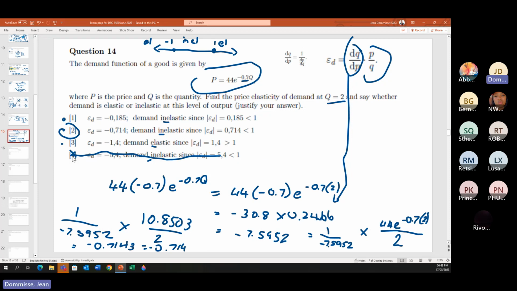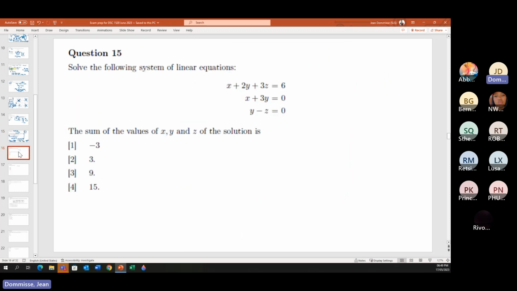Okay, so let's look at another one. You would also have seen with your linear equations, sometimes they ask you to work out x, y, and z.